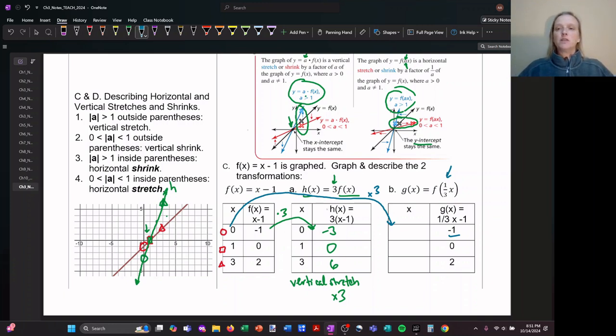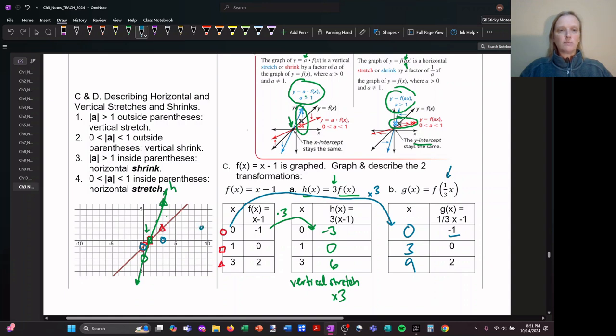Changing those input values. 0 times 3 is just 0. 1 times 3 is 3, and 3 times 3 is 9. So my 0, -1 is actually the same. That circle point has not moved. But then 3, 0 is a point on the line, and 9, 2 is a point on the line.